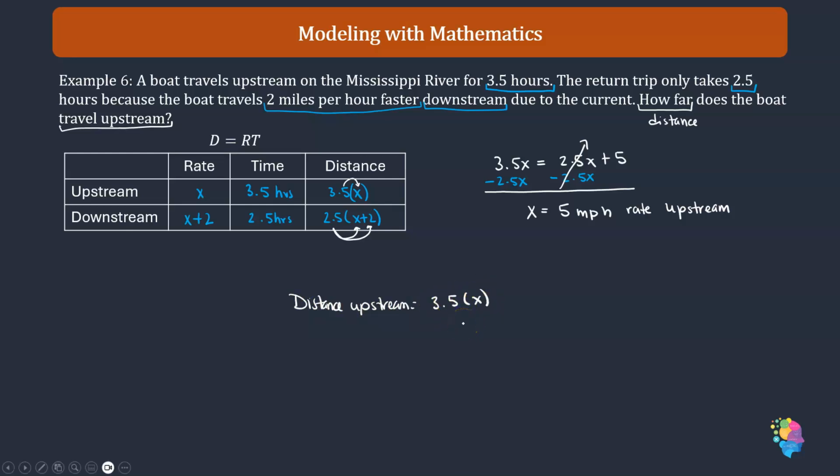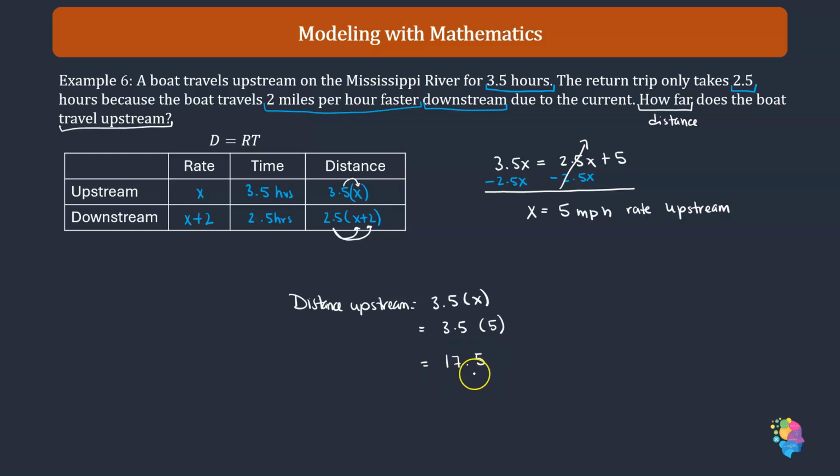Now you might be asking, did we need to solve this equation? Definitely. We would not be able to find the distance upstream if we don't know how much x is. In this case, x is 5. So this is 3.5 times 5, and if you multiply that, that's going to give you 17.5.